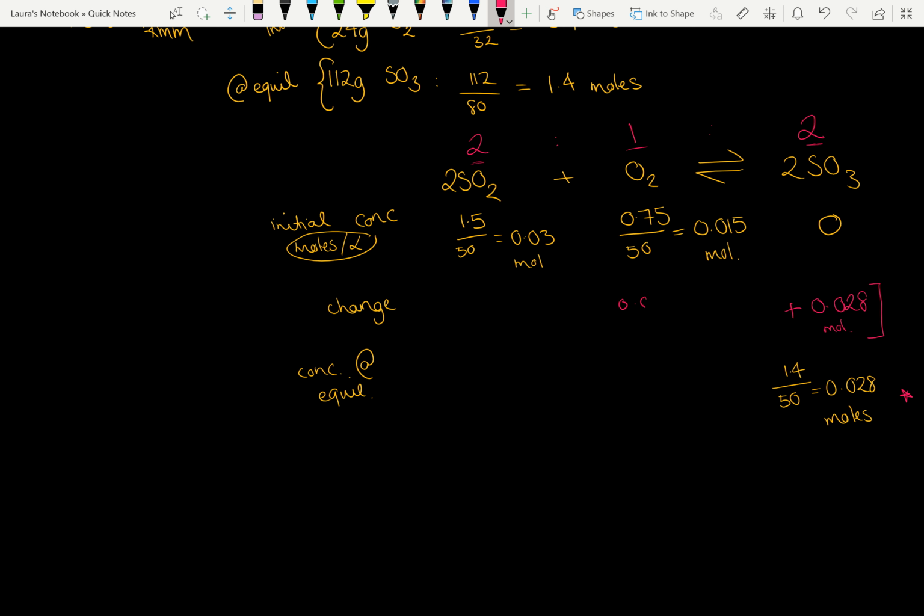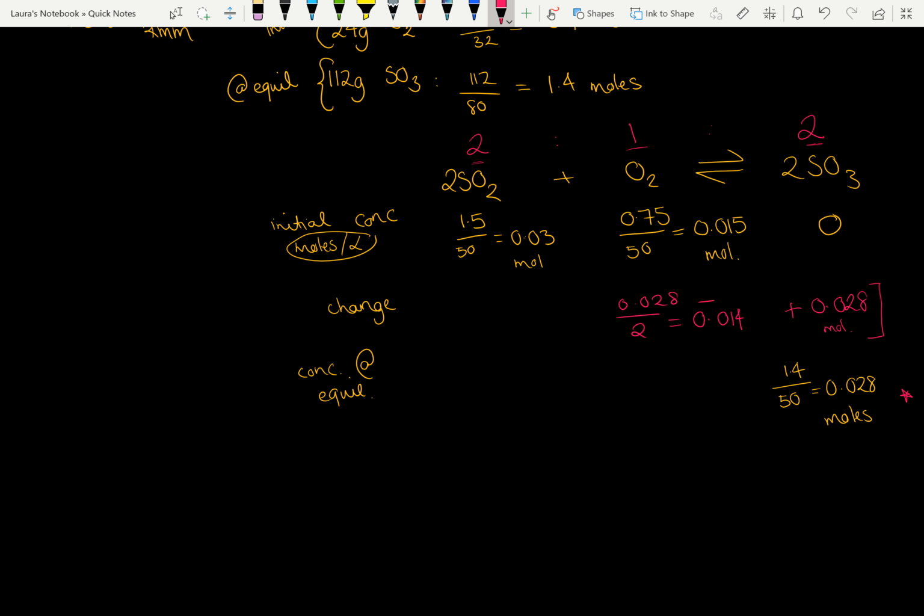So we're going to divide that by 2, and that's going to tell us the number of moles of oxygen that were converted into 0.014, that were converted into the sulfur trioxide. So that is the change.